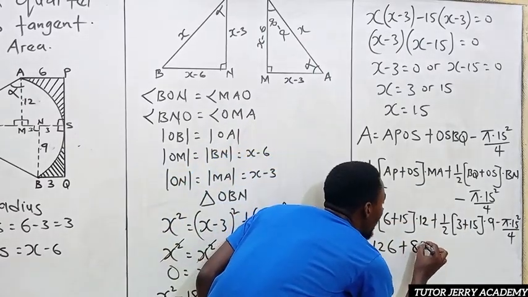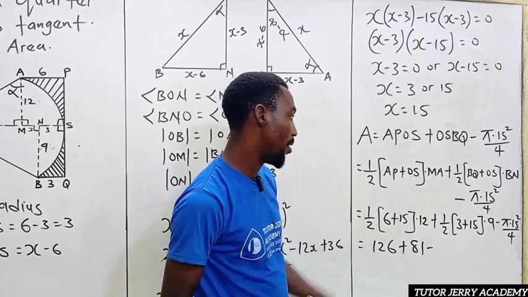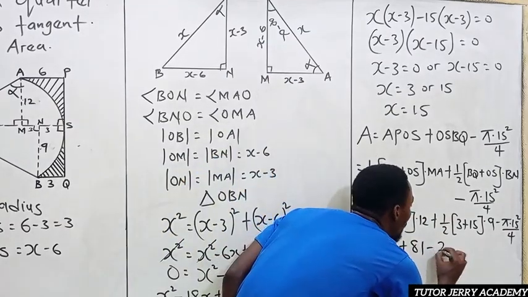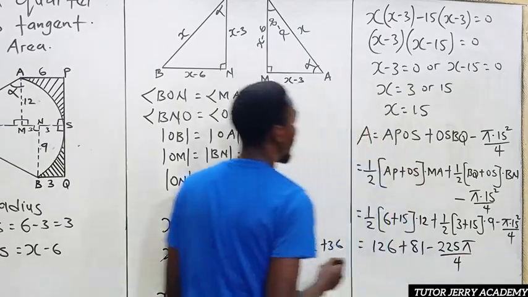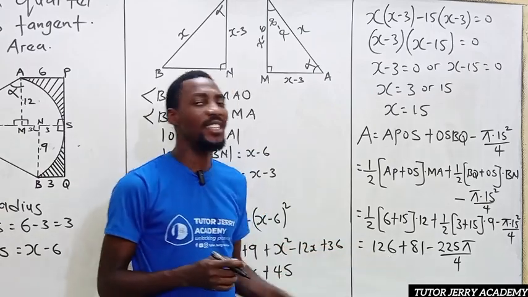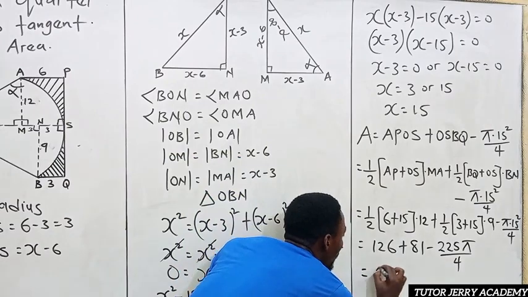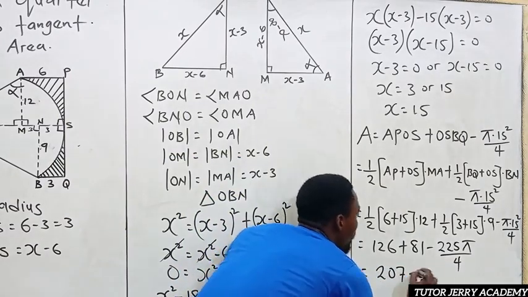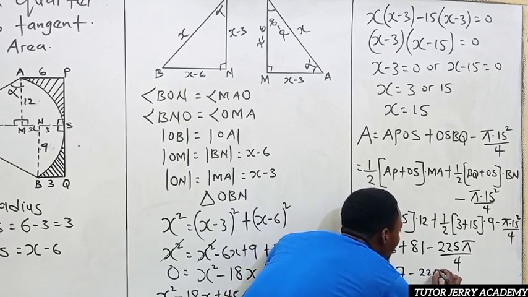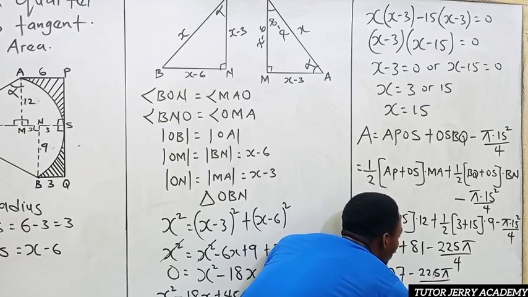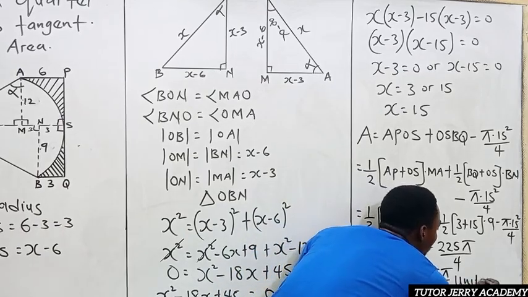So we have 81 here minus, 15 squared is 225. 225 multiplied by pi, we have 225 pi all over 4. All right. So 126 plus 81, you are going to have 207. So this is 207 minus 225 pi all over 4. So here is the final answer to our question.